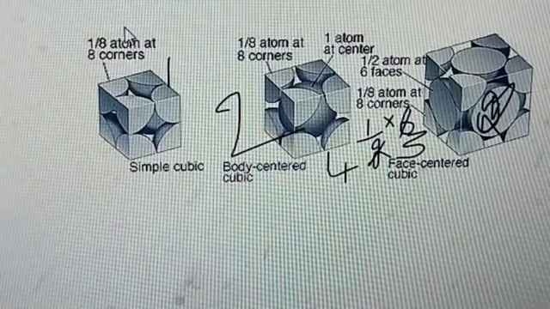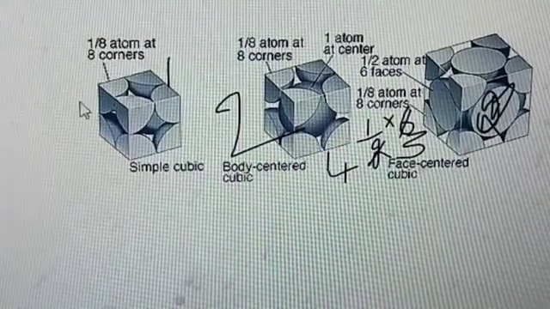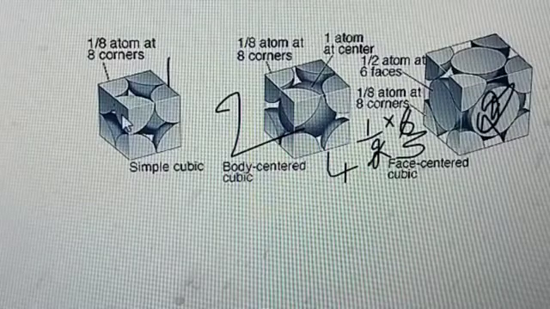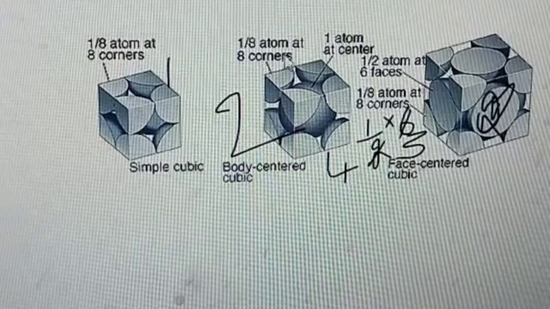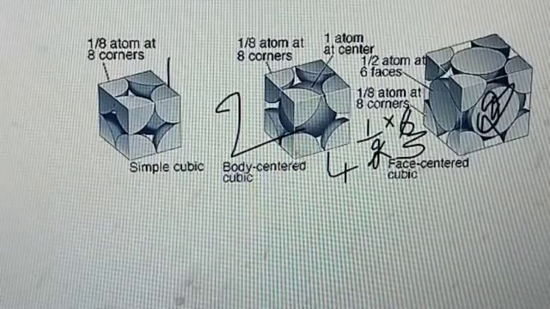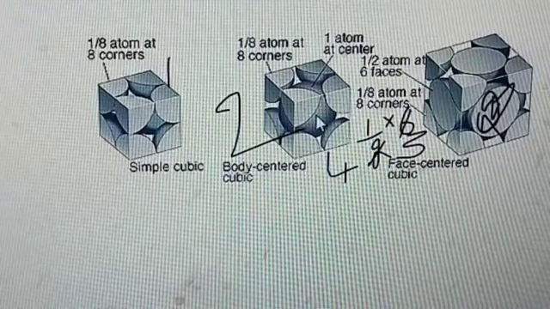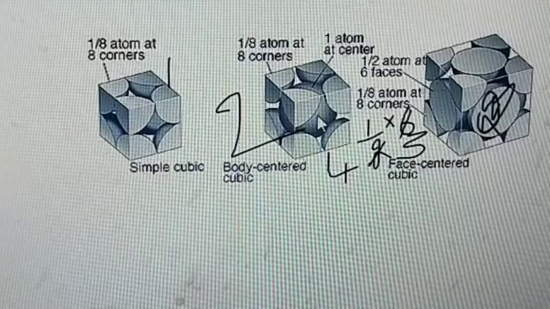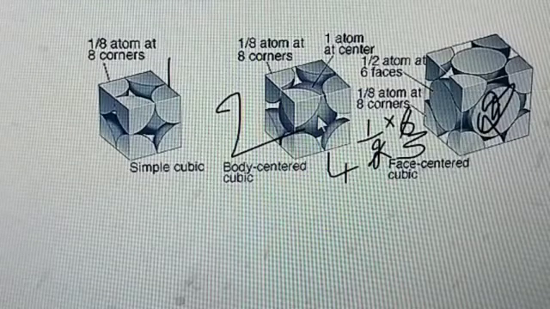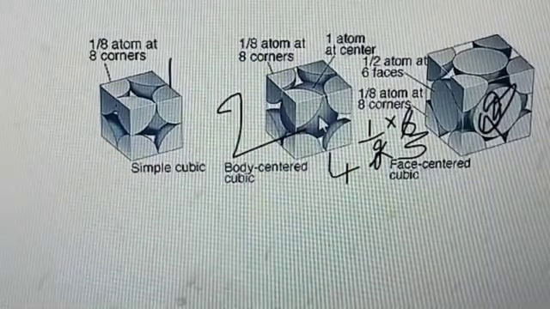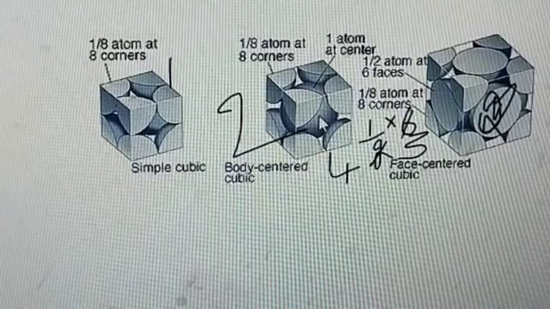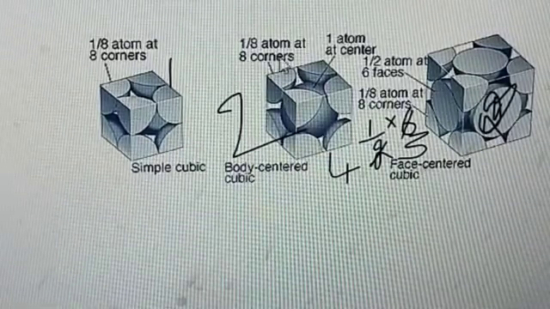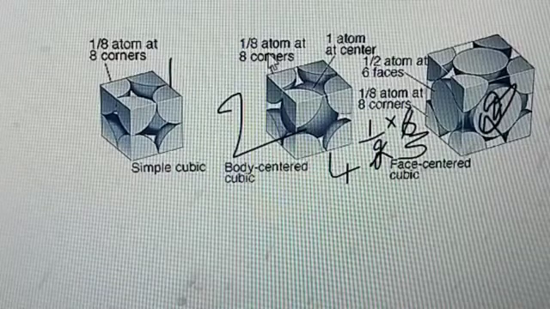In the same manner, the number of atoms per simple cubic unit cell or primitive unit cell is nothing but 1. And if we take body center, along with the corners, one particle will be present at the center of that unit cell. That particle belongs only to that unit cell. Along with that, 1 by 8 atom at its corners means 1 by 8 into 8, so we'll get 1. 1 plus 1 is equal to 2.